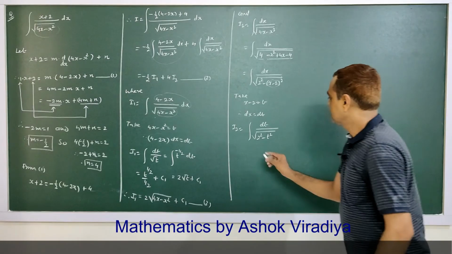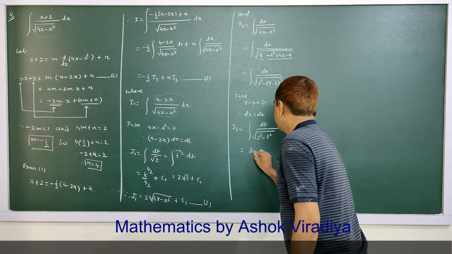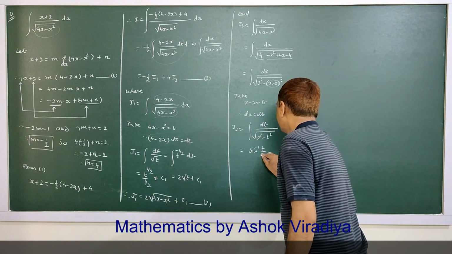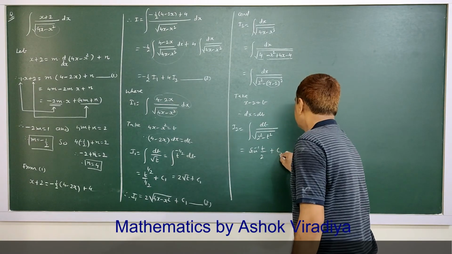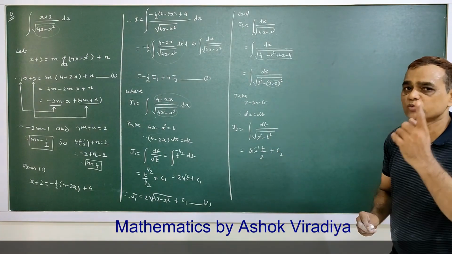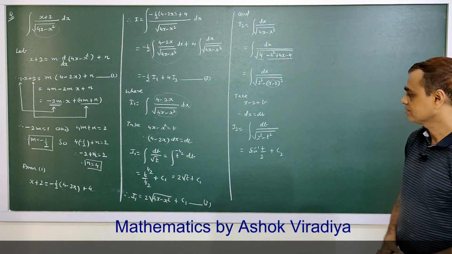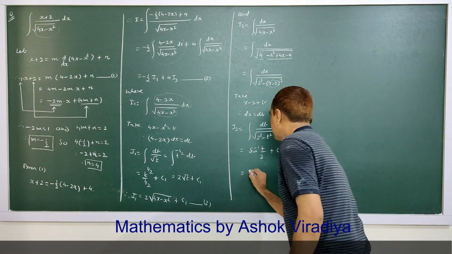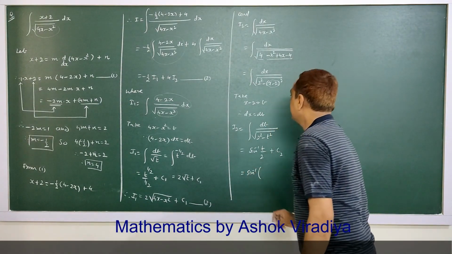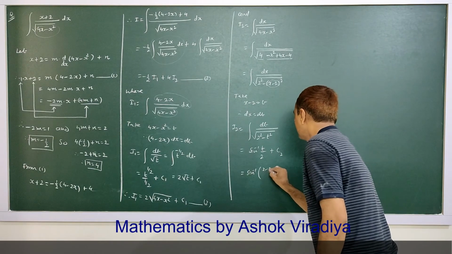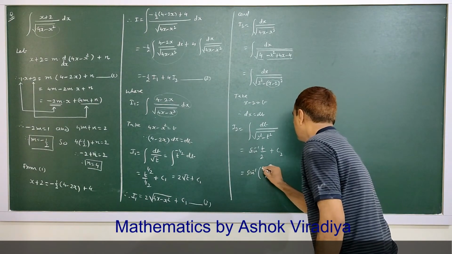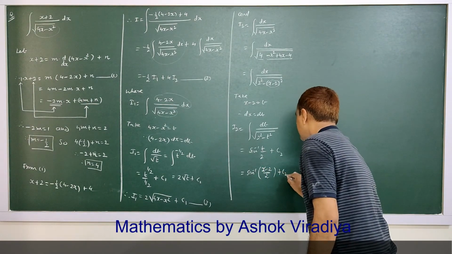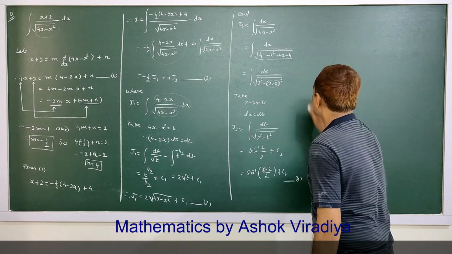So that is sine inverse t by 2 plus c. C means here c2, c2 is an arbitrary constant. So sine inverse, now t is x minus 2, so sine inverse of x minus 2 by 2 plus c2, so this is result 4.